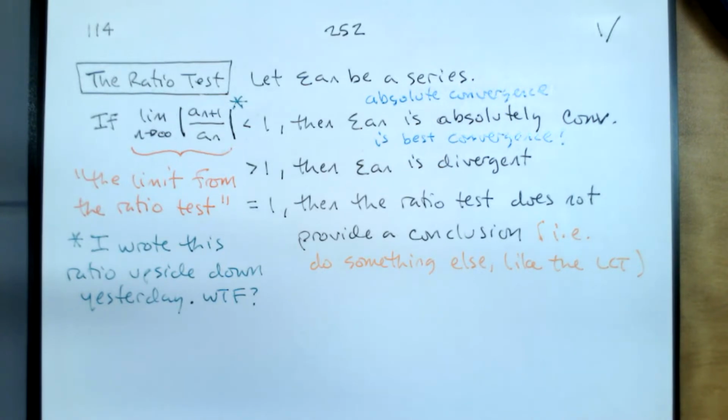So that means that we need to talk about the other kind of convergence. And we need to talk about that after we talk about the ratio. We made a note of some things yesterday. The ratio test is good for series where the terms have factorial or exponential factors.